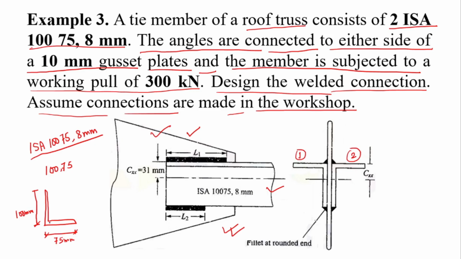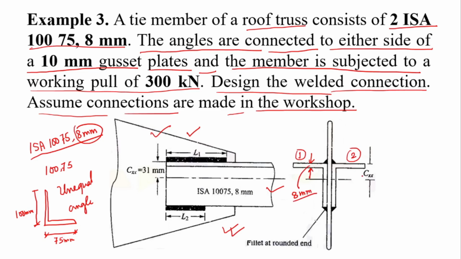Since the two arms has two different dimensions, so this type of angles are also called unequal angle. If the two sides are equal, then the angle is called equal angle. And what is 8 mm? 8 mm means the thickness of the angle. Means if I see this angle, this is the thickness, isn't it? So this is 8 mm. It is the thickness of the angle.